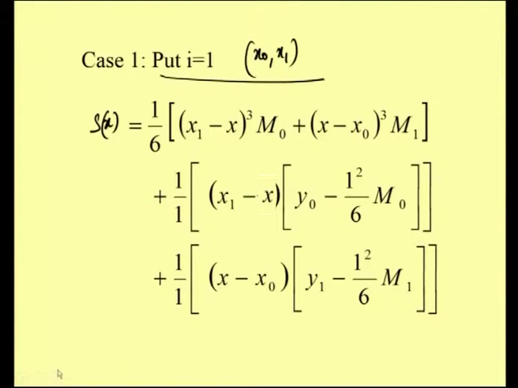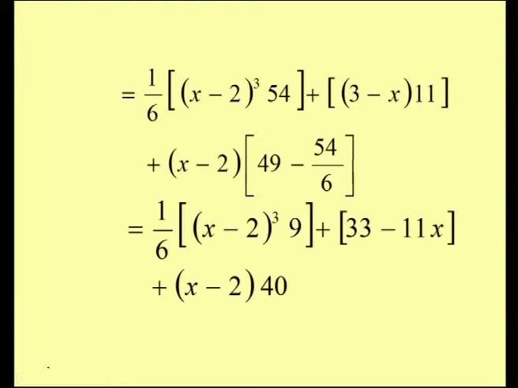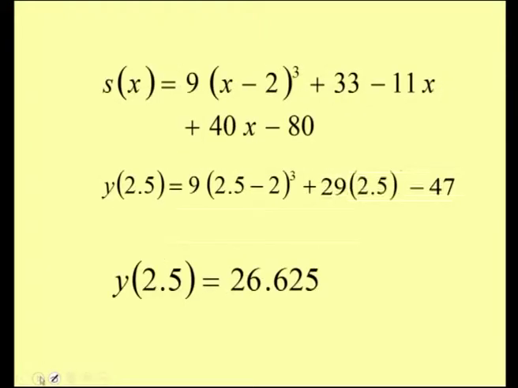Wherever m0 is there, you can directly substitute 0 because m0 is 0, and m2 is 0 is substituted, and m1 is equal to 54 is substituted. After that we get the equation: s of x is equal to 9 into (x minus 2) whole cube plus 33 minus 11x plus 40x minus 80.